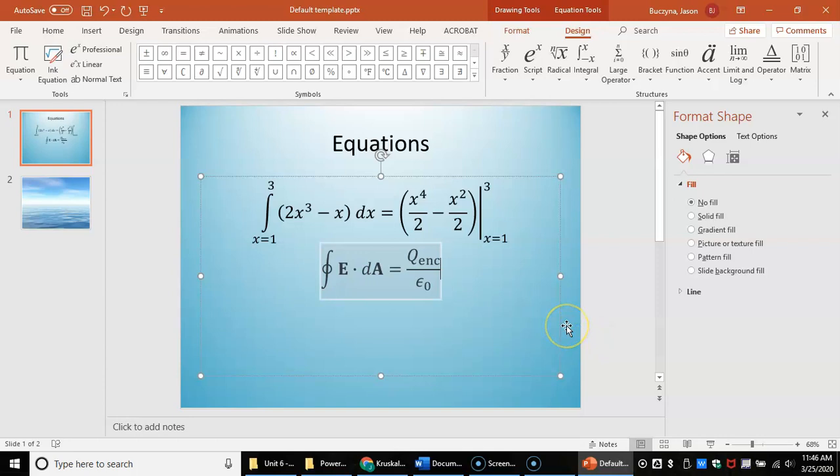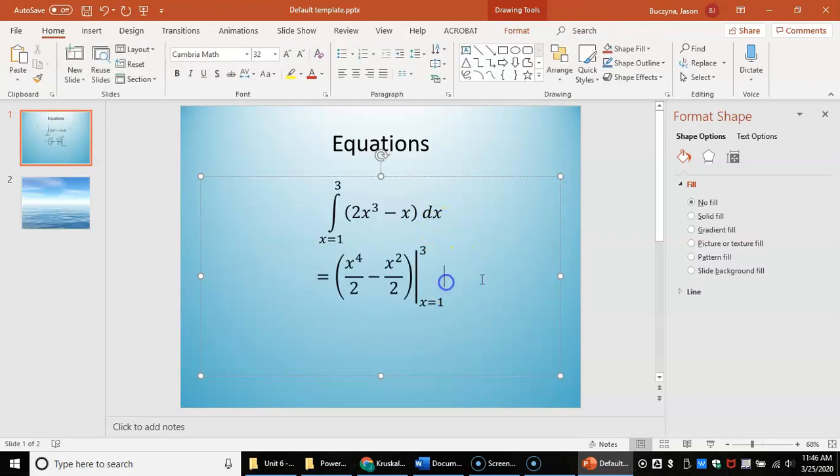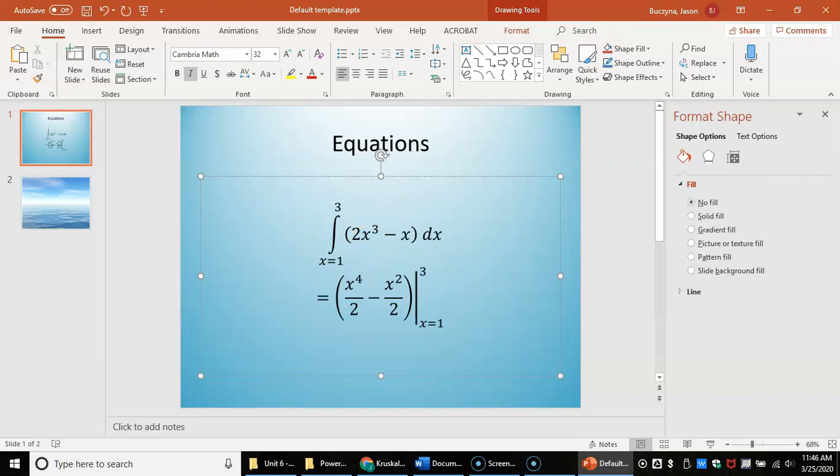Now, what if I want to do animations with this? Let's say I am going back to evaluate this integral. I'm going to put the first evaluation on the next line. Or even better, we can go down and say example. Whoops, let's get out of this math type.